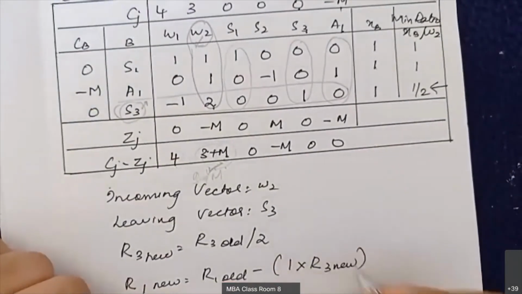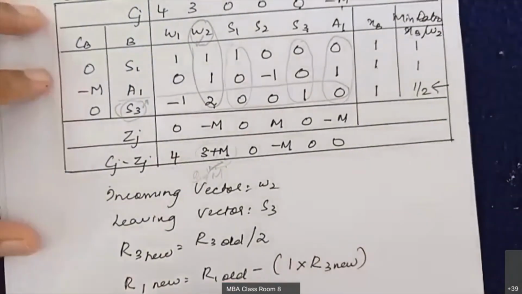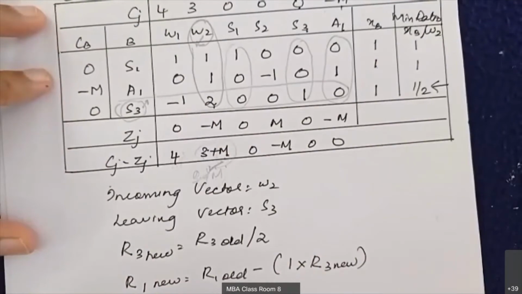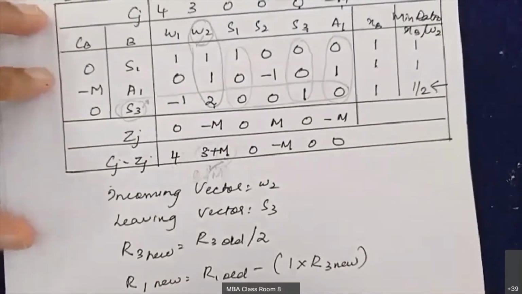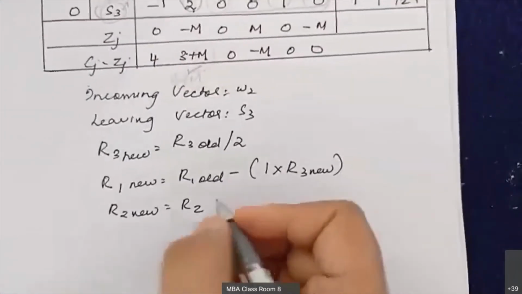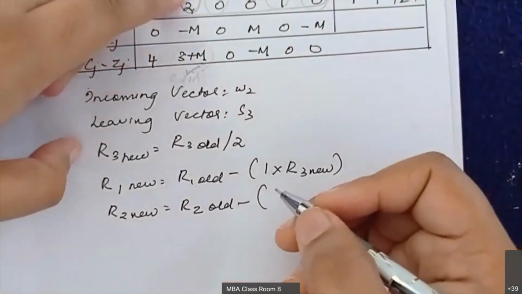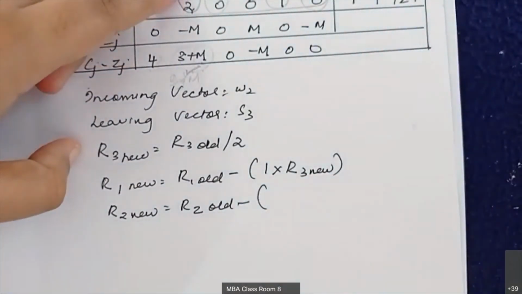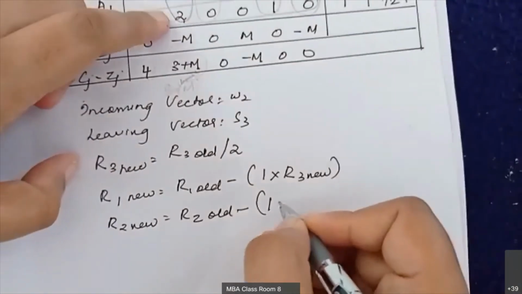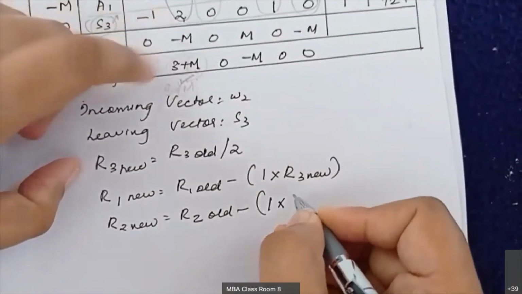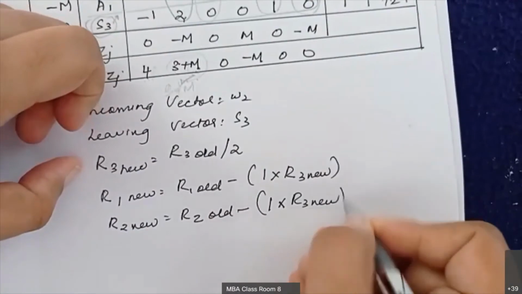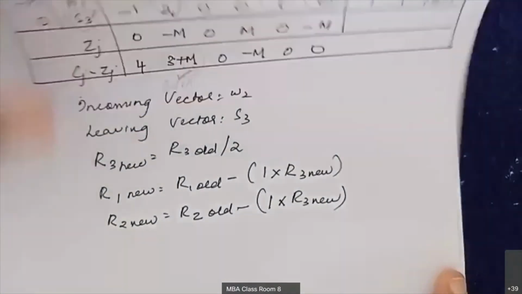R3 new is our key row. Then again, R2 new is equal to R2 old minus the value corresponding to the second row in the key column, that is 1, into R3 new. Do these operations. I'll go for the second iteration table.